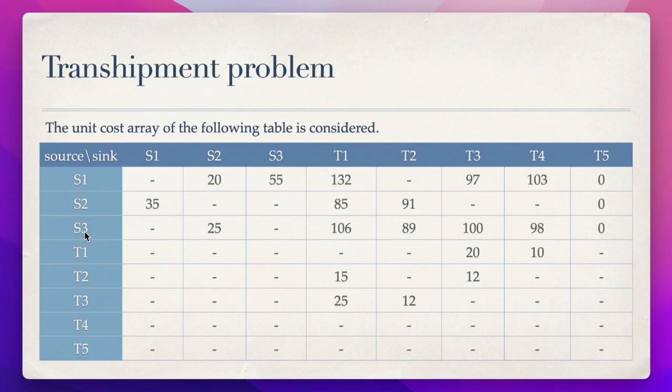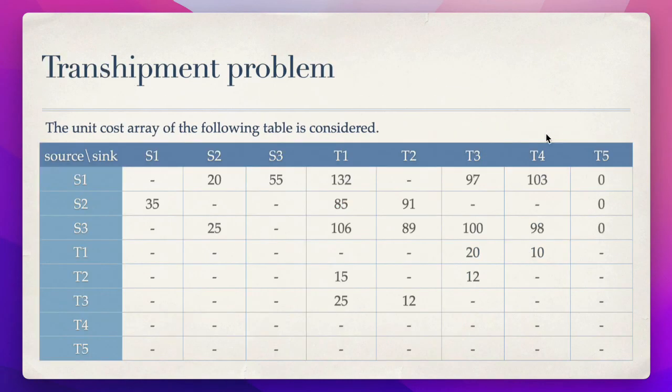And in some cases we cannot ship the commodity from S3 to S1 because maybe that route is infeasible. Or from S1 we cannot directly ship to customer 2. Okay, you can see from this table.